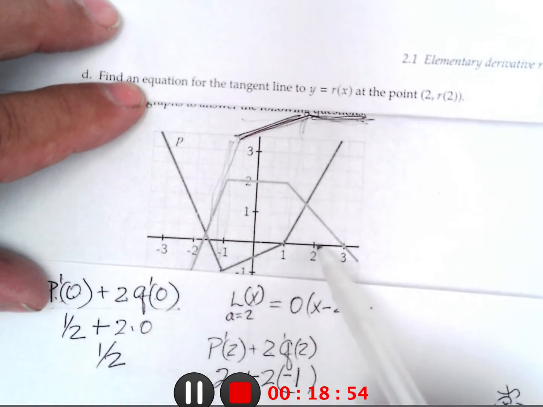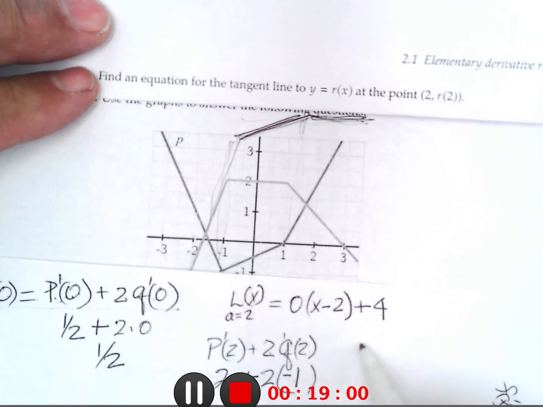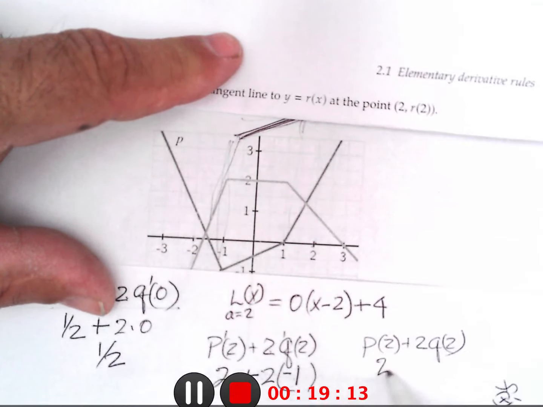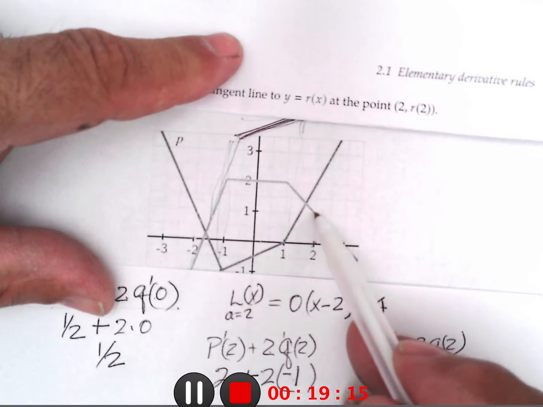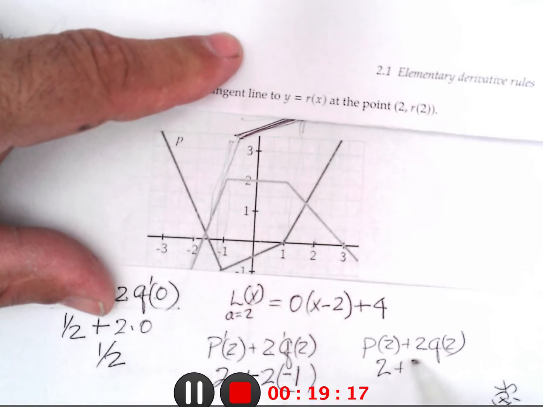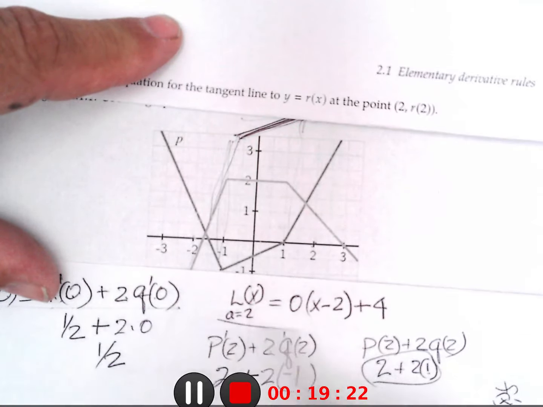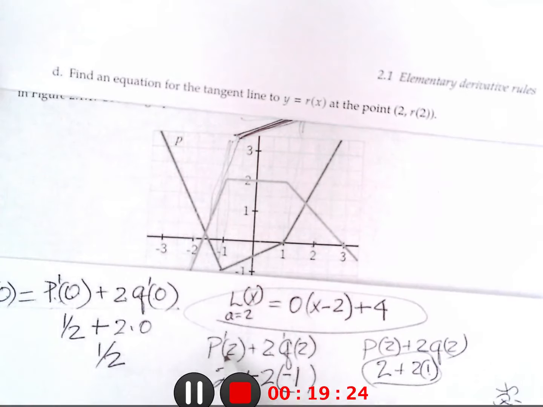You can go back and do p of 2 plus 2q of 2. P of 2, the height is 2, and the height of q is 1, so plus 2 times 1, and we get 4. So there's the equation of the tangent line at 2, r of 2.